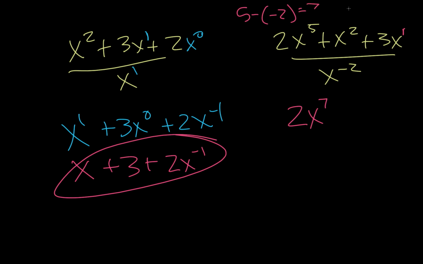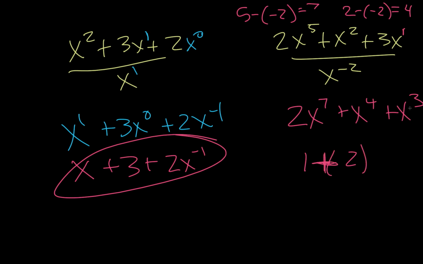This is the same thing. 2 minus a negative 2 is actually positive 4 because this becomes a plus sign. So we get plus x to the 4th. And then 1 minus negative 2 would be x to the 3 because 1 minus negative 2 really is a plus sign, and that becomes a 3.